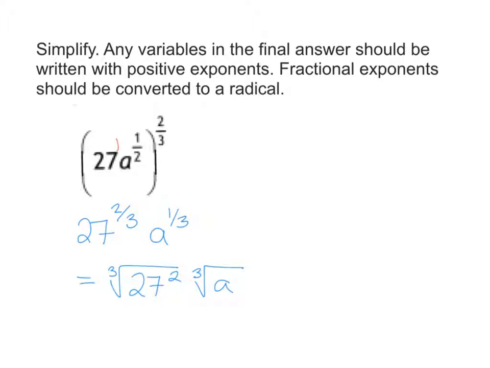And when you're doing this, we could either square the 27 and then take the cube root, or take the cube root of 27 and then square it. It doesn't matter which one we choose. Both will give us the same answer. But I'm going to do the cube root of 27 because I know what it is. Does anybody else know what it is? Cube root of 27. 3.